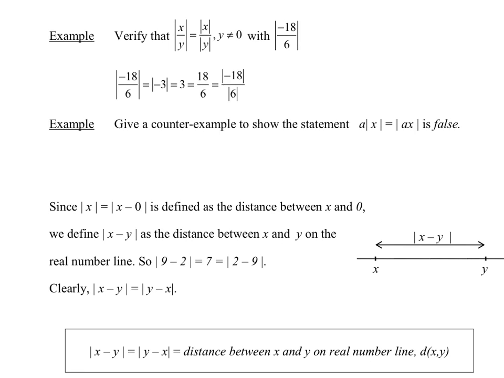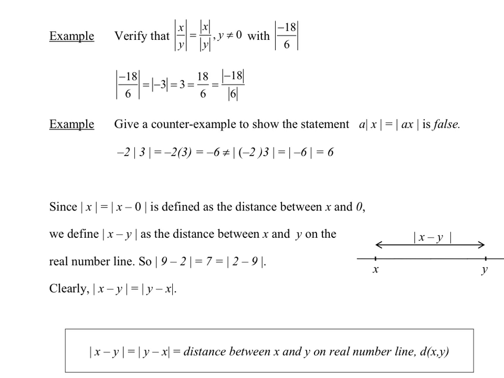Now we're asked here in this next example to give a counterexample to this. We're wondering if this thing here is true or false. So we need to give a counterexample, something that shows that it's false. And what we can do is just take a value of a that's negative.